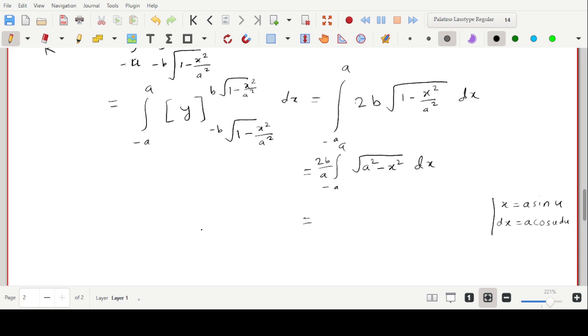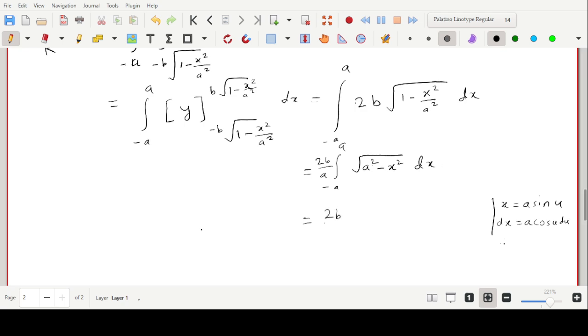If we substitute, then we have to accordingly change the limits of integration. So when x is equal to negative a, we have negative a equal to a sin u, which means sin u will be negative 1, and then u is negative pi by 2.